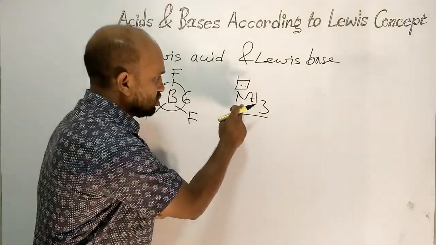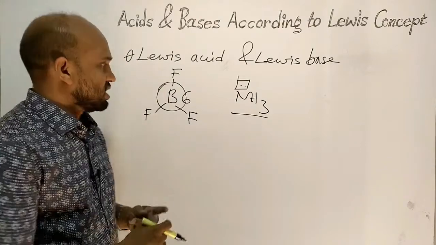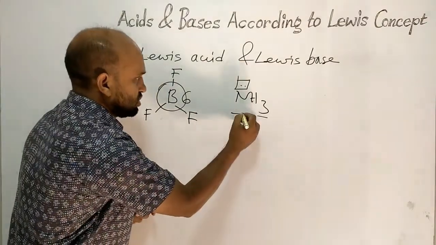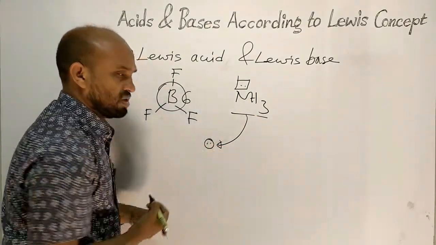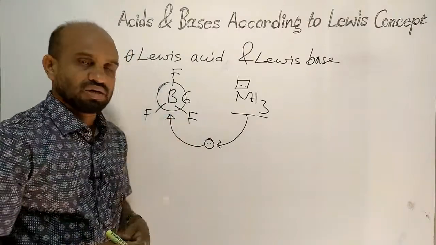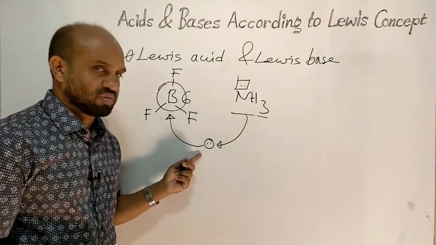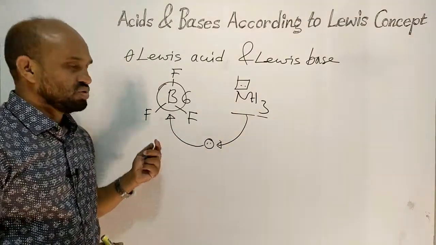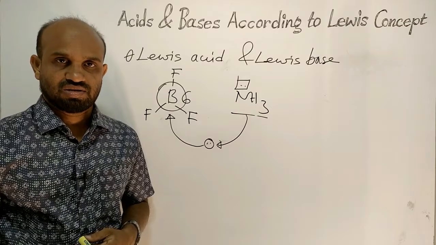Here Lewis bases are electronically rich. Here Lewis bases are electron pair donors and Lewis acids are electron pair acceptors.